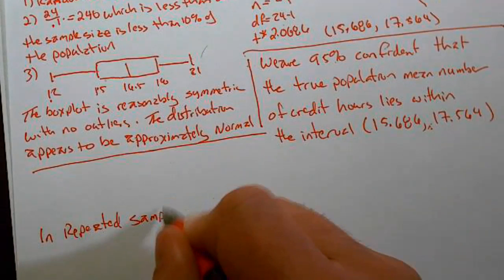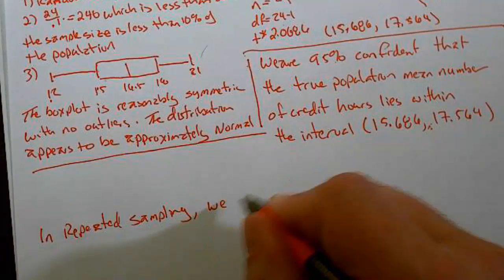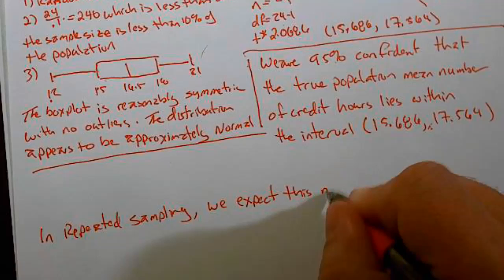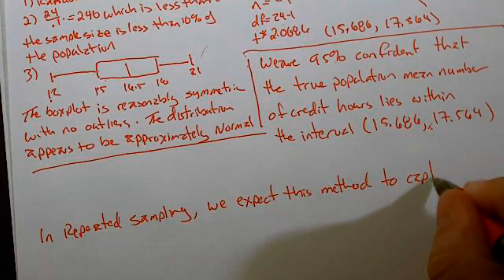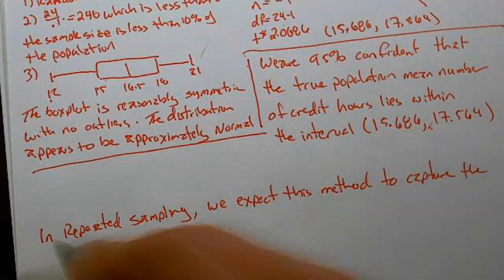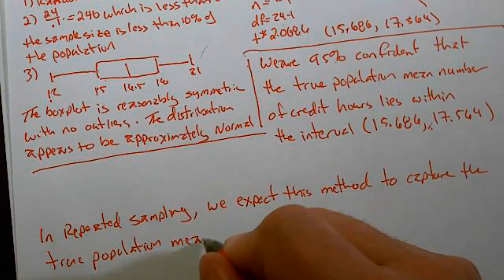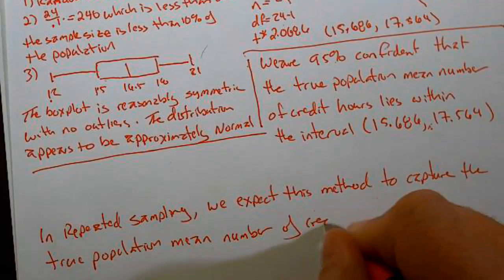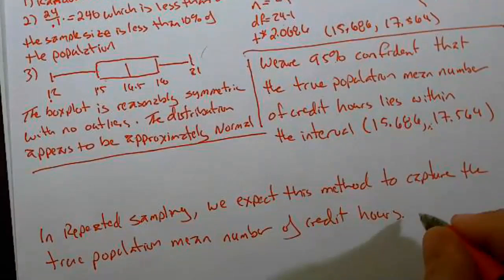In repeated sampling. So in other words, if I did this over a bunch of times, we expect this method to capture the true population mean number of credit hours 95% of the time.